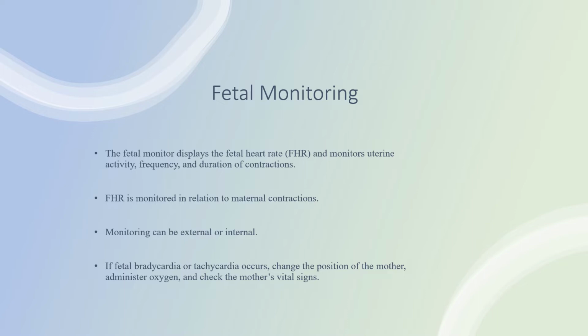You would do Leopold's maneuvers to determine where the back is located, and then the ultrasound transducer is placed over this area and fastened with a belt. Internal fetal monitoring is usually a probe, an electrode that's put into the presenting part of the fetus. The patient must be dilated 2 to 3 centimeters before internal monitoring can be performed.